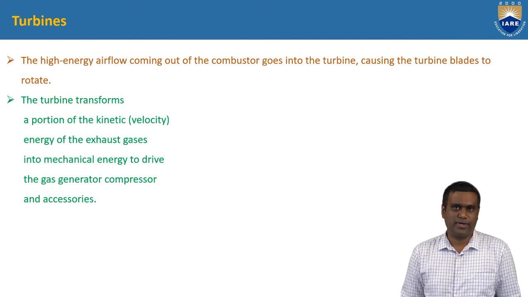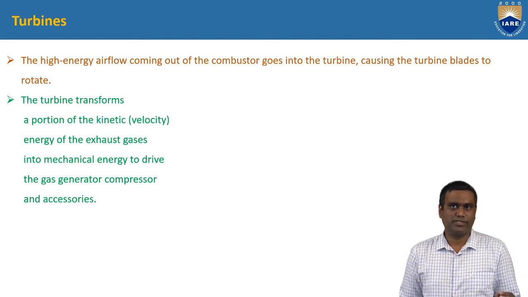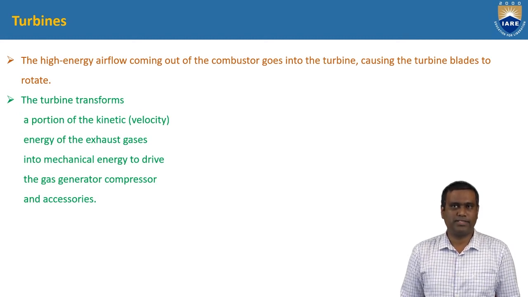Right? The turbine transforms a portion of the kinetic energy, that is the velocity of the exhaust gases, into mechanical energy to drive the gas generator compressor and other accessories.